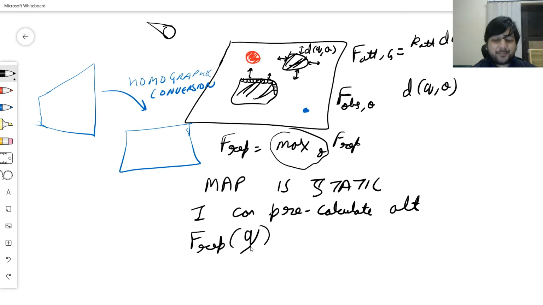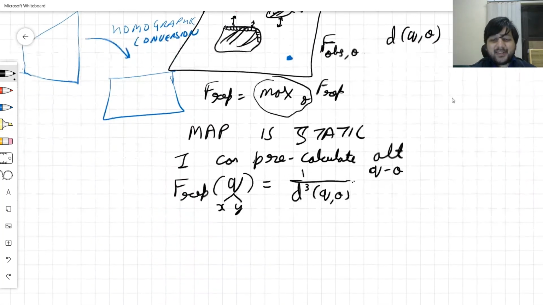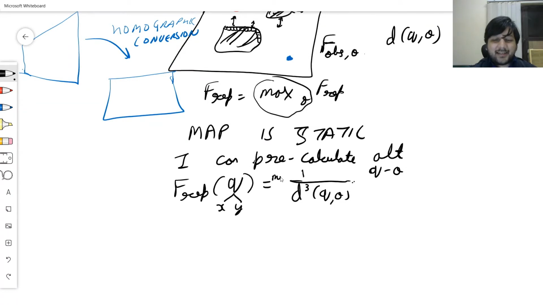And remember, this Q is basically an XY. So approximately this is 1 upon d cube, q comma o, and that is, of course, the max over all O. So what I can do is calculate d of xy in this map, which is equal to, I need to maximize this, so I need to minimize this distance.